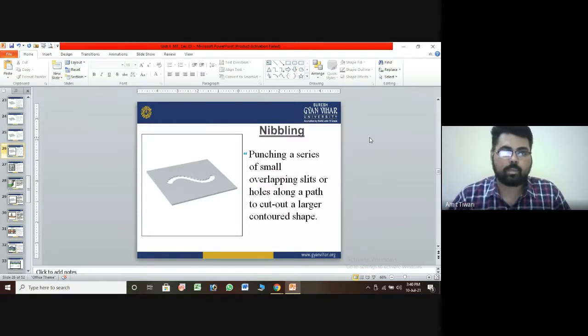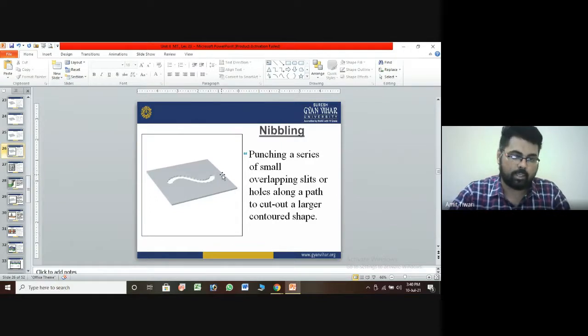Nibbling process means punching a series of small overlapping slits or holes along a path to cut out a larger contour shape, and it is known as nibbling. You can see here the complete sheet metal process, and you can find these are S curves, or we can say a symbol design, that you can provide by applying the punching.